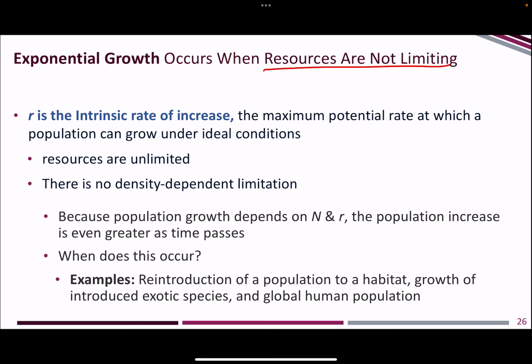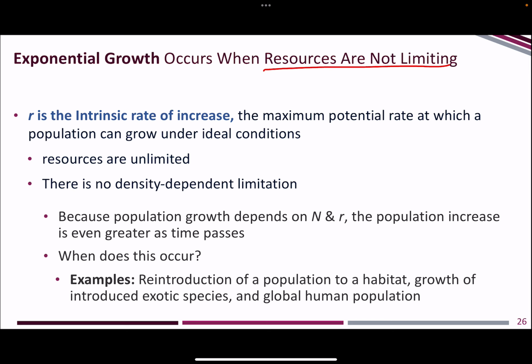Maybe it's that food resource we were talking about, or maybe it's space, or maybe it's water availability, or maybe it's predators. It is very unusual, and there are only a very few specific types of situations where we actually see exponential growth over long periods of time.